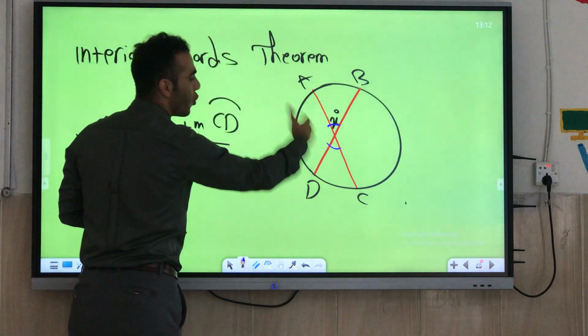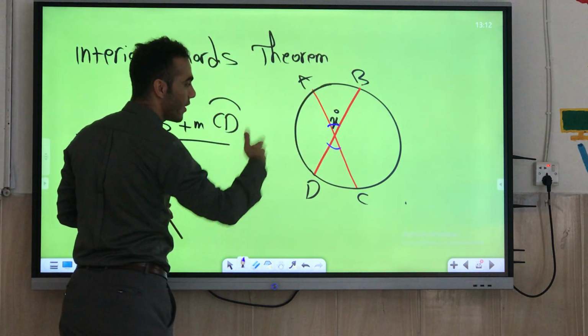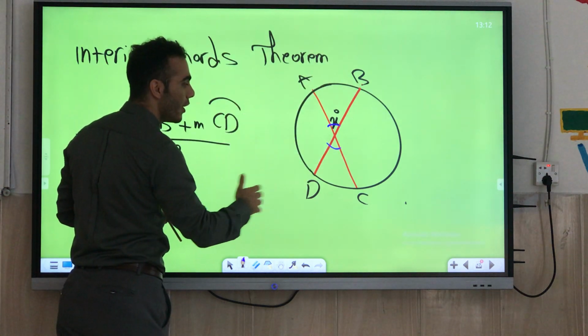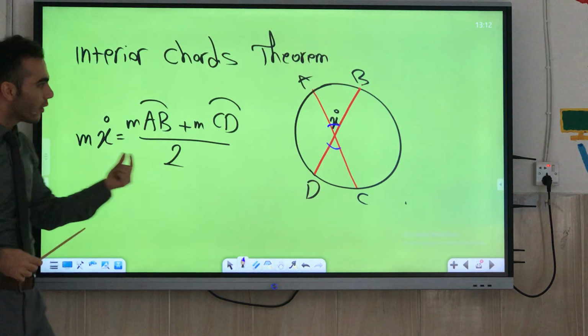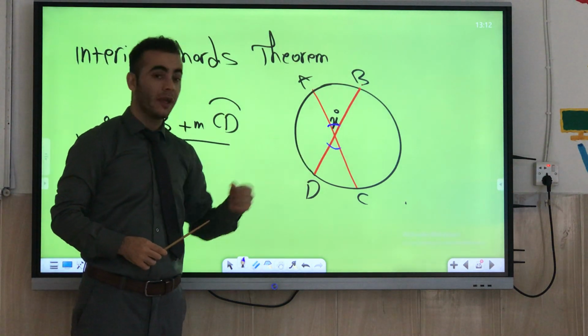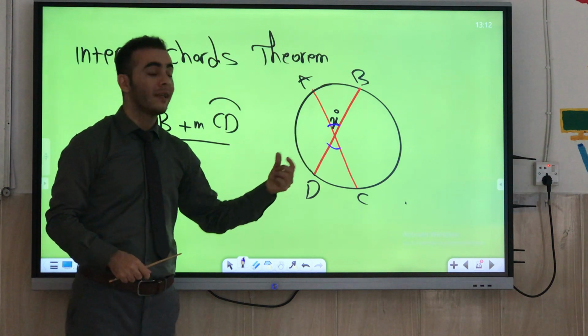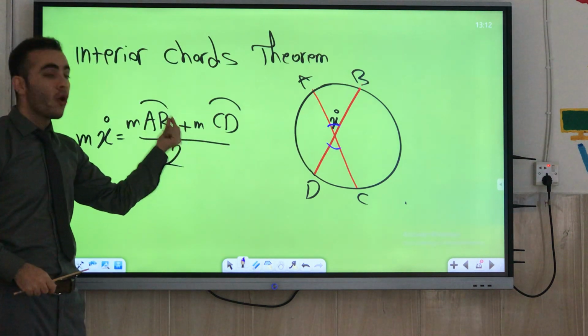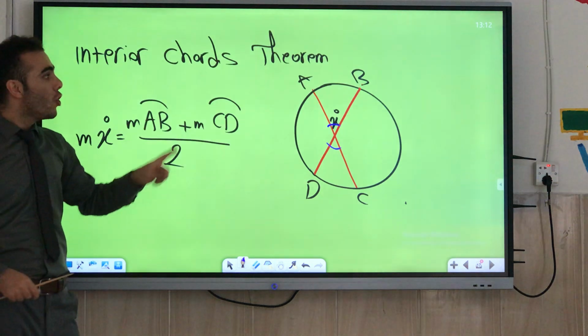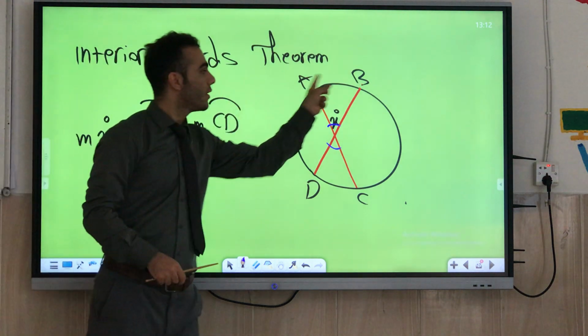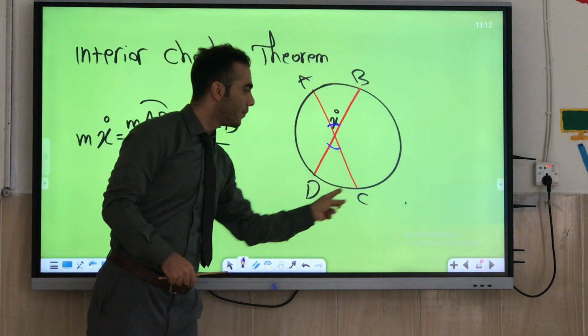When we have two interior chords that intersect each other, the measure of an interior angle, for instance angle x, is half the sum of the intersected arcs.